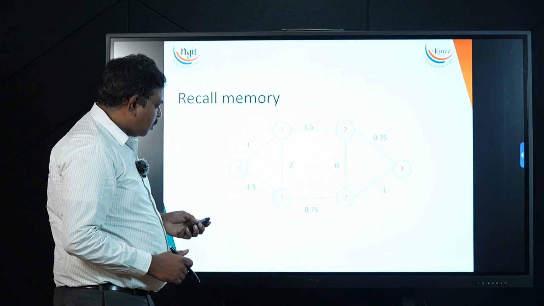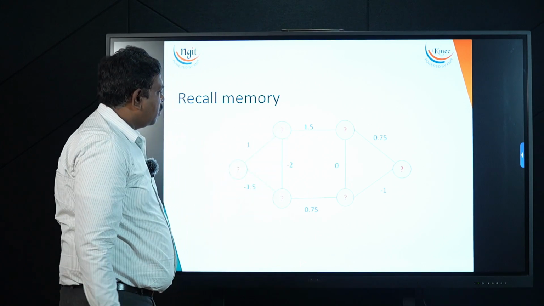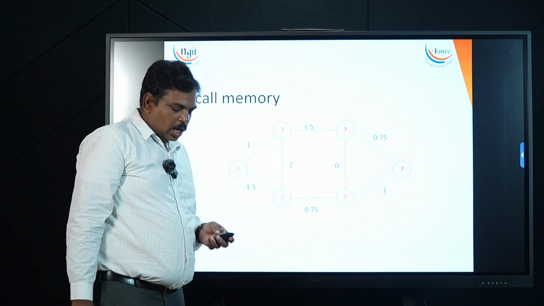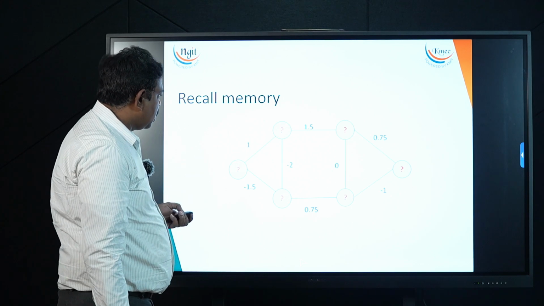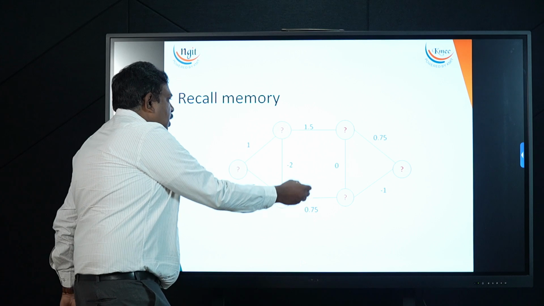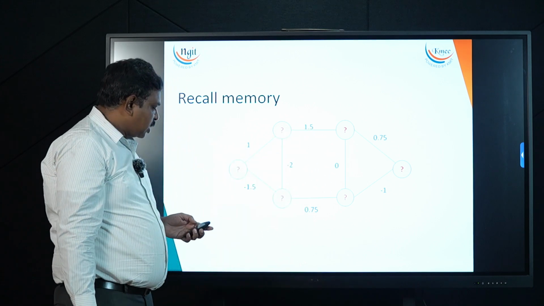Over time we learn by adjusting these weights and try to recall. The same thing here: weights are fixed and neurons are adjusted with either 0 or 1. So that is the first step in recall.